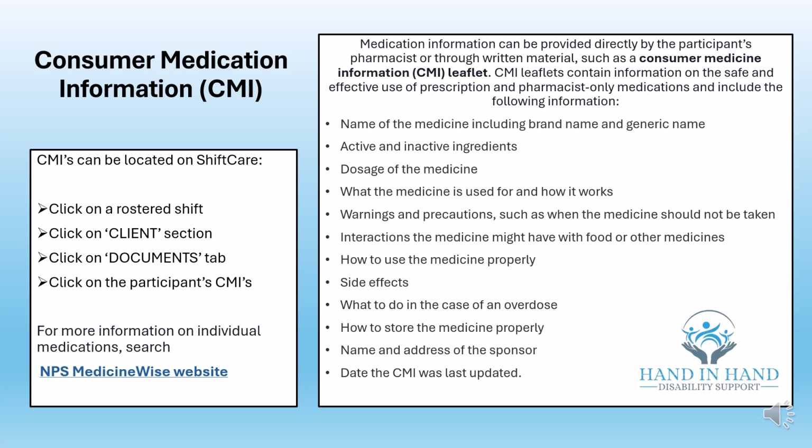CMI leaflets contain information on the safe and effective use of prescription and pharmacist-only medications and include the following information: name of the medicine including brand name and generic name, active and inactive ingredients, dosage of the medicine, what the medicine is used for and how it works, warnings and precautions such as when the medicine should not be taken, interactions the medicine might have with food or other medicines, how to use the medicine properly, side effects, what to do in the case of an overdose, how to store the medicine properly, name and address of the sponsor, date the CMI was last updated.